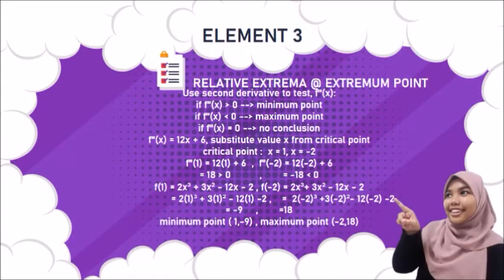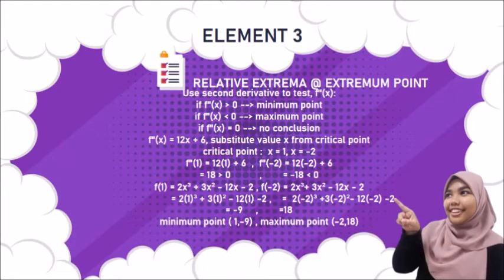In element 3, we will discuss relative extrema or extremum point. We have to use the second derivative test, f double prime x. For this element, you have to know that if f double prime x is more than 0, the extremum point is minimum. While if f double prime x is less than 0, the extremum point is maximum.